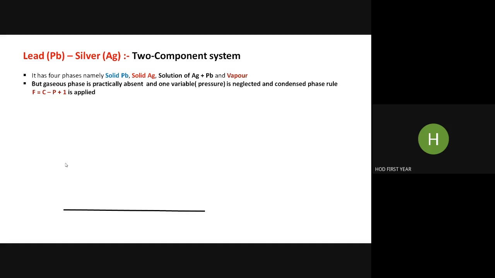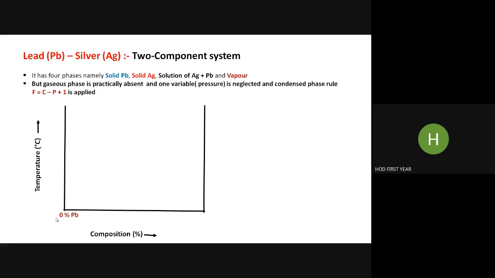Then we will study the effect of temperature and concentration on various phases. So we have composition, percentage composition of course, on the x-axis, and temperature on the y-axis.